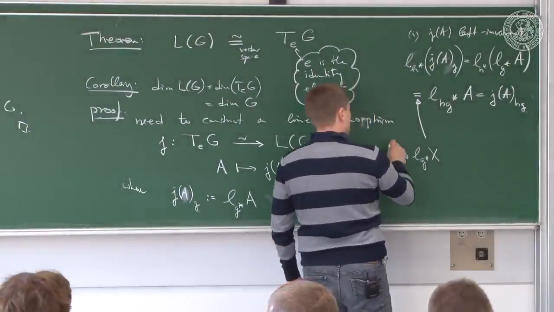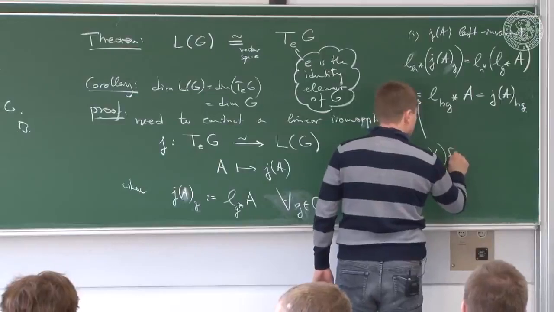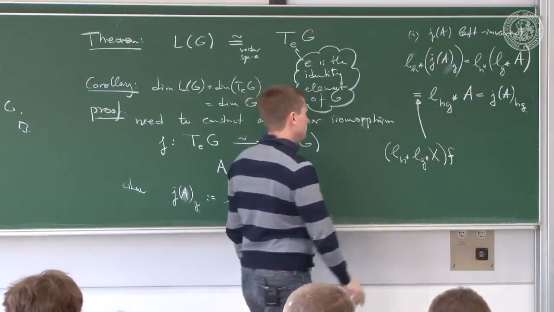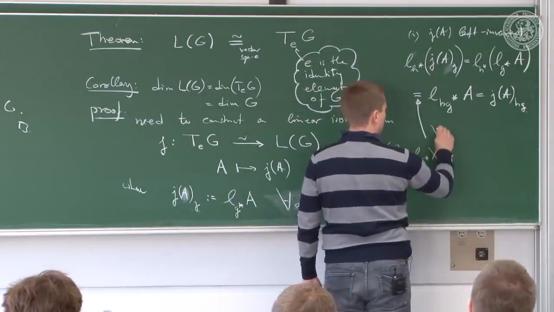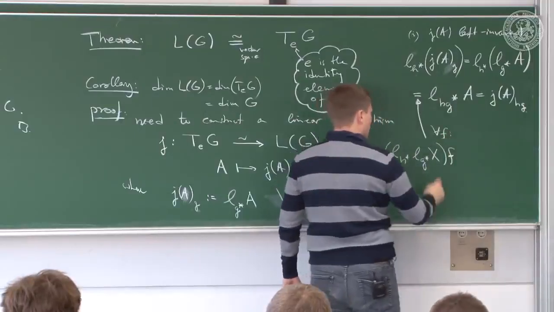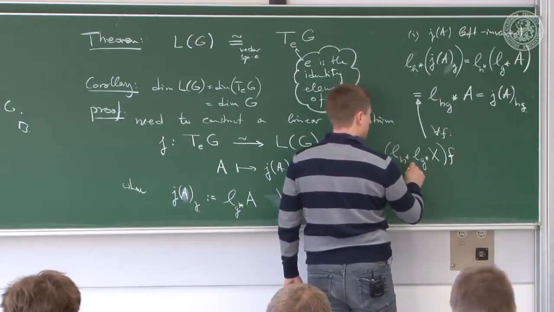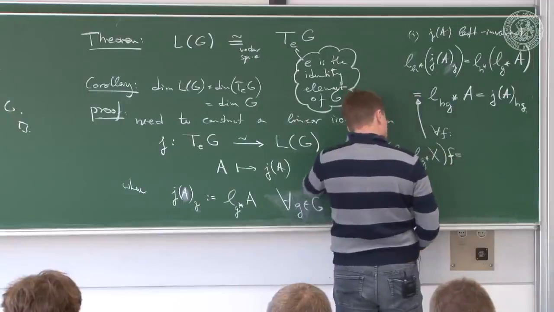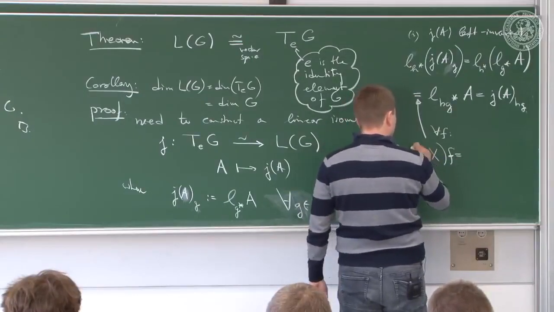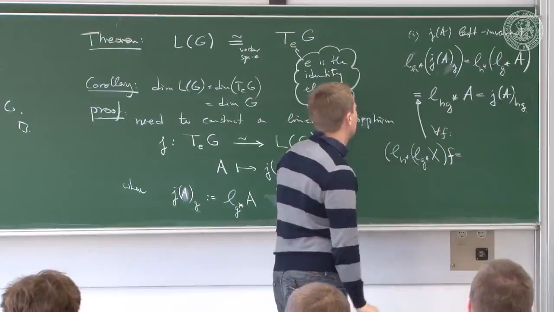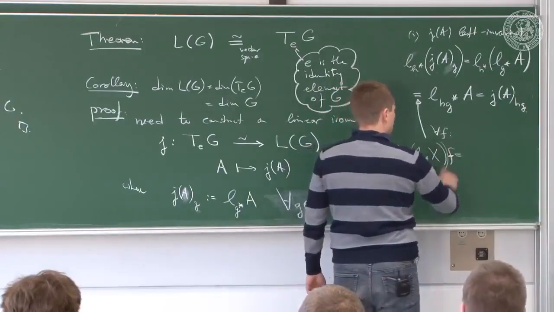Well, let the whole thing as a result act on an arbitrary function. So I just want to check this for every f. What's the definition of this guy? Then the definition of this guy is, so I act on this one first.